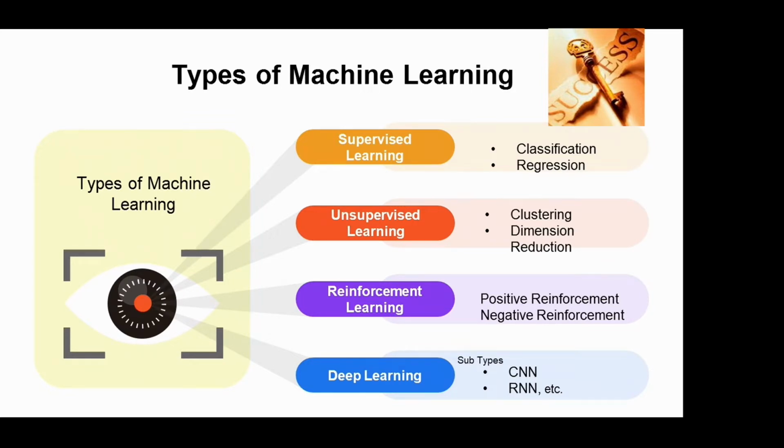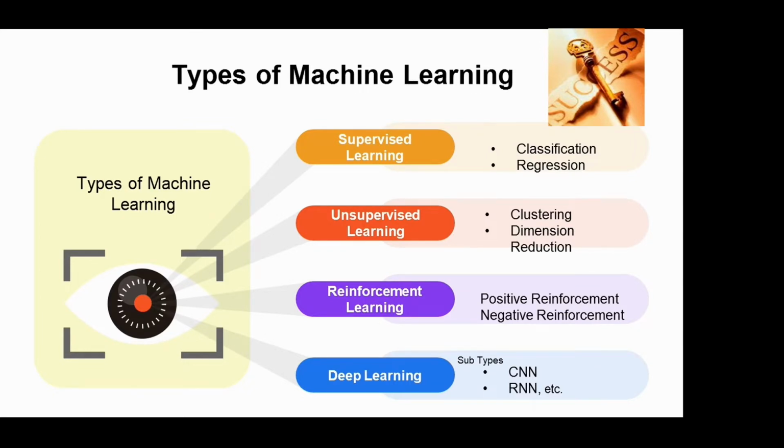If we use the supervised learning approach to train the machine, then the machine is able to classify objects, and it will be able to predict a continuous outcome. Continuous outcome is part of regression analysis, and classification or categorization is part of the classification problem.